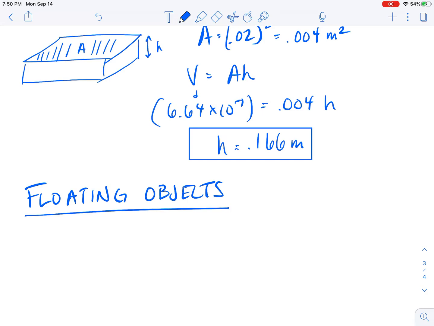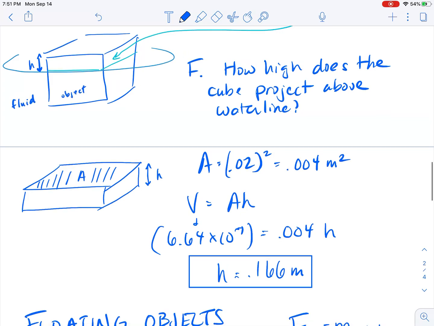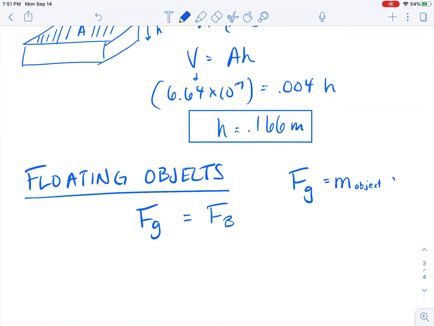And basically what I know is that the gravitational force, or the weight of the object, is equal to the buoyant force on the object. And I'm going to make some substitutions here. I know that the weight of the object is equal to the mass of the object. I'm going to write object and fluid, and I want to keep those straight. So Fg is the mass of the object times g.